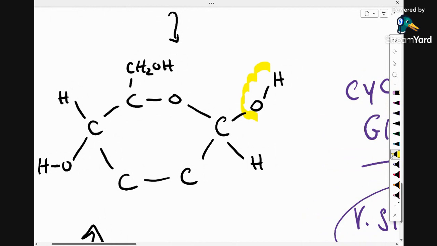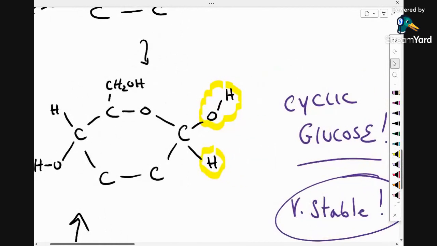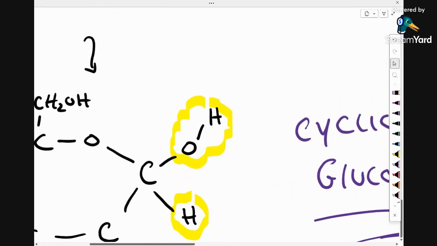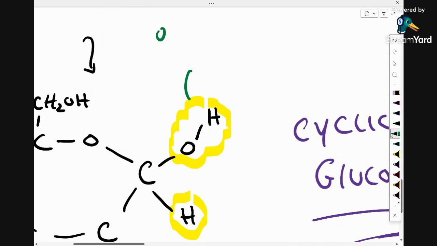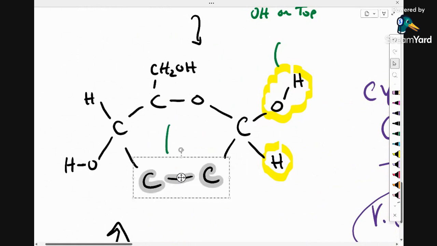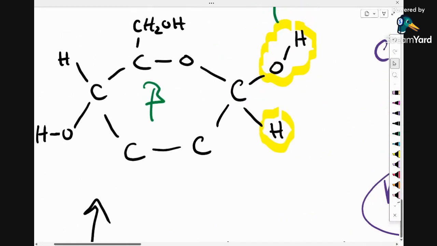And so the double bond O becomes your OH and the hydrogen remains at the bottom here. The name for this particular type of glucose is, if your hydroxide group, your OH group, is on top, then this is beta glucose. This is a beta form of glucose. Okay, so we literally would write it in an exam like this.